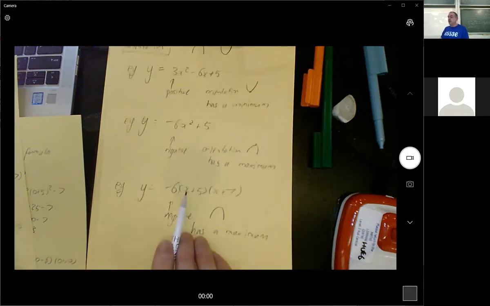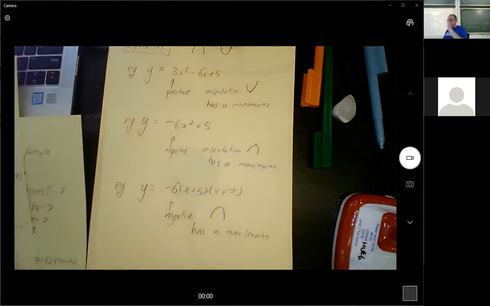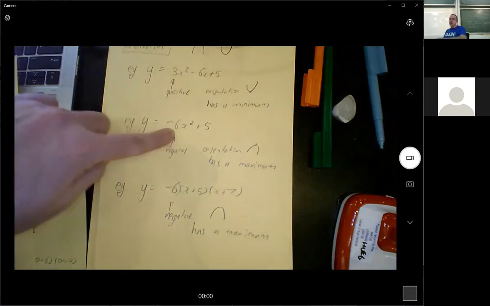Because if I expanded this out, I get x squared and 7x and 5x and 35, and then the -6 would have to be times by all of those things. So we'll get times by the x squared eventually. So you don't have to even imagine that. You can just know that if it's constant times x plus something times x minus something, that being negative makes it same as this one being negative.